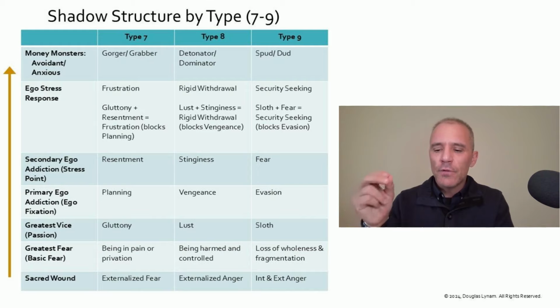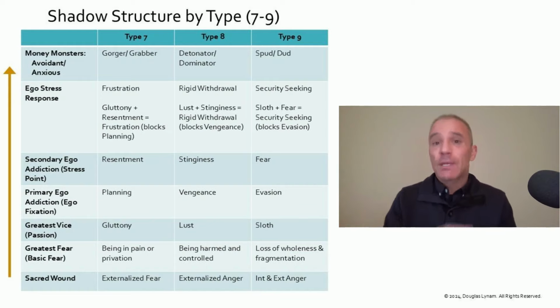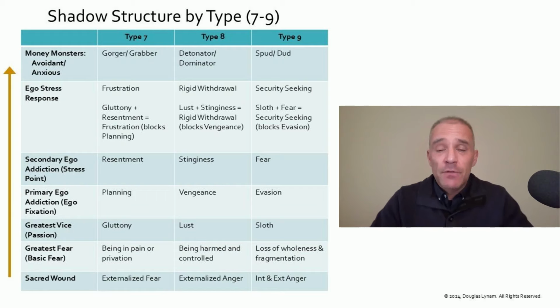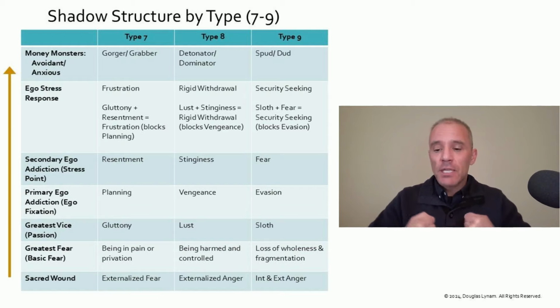And so their sloth plus fear, their secondary ego addiction, creates security seeking, which is their ego stress response. In other words, what security seeking means is they might get someone else to jump in and solve their problems for them, or they might retreat into a defensive posture and become very passive aggressive and combative in a certain way, and stubborn and rigid in their position, because the fear is creating this need for security.